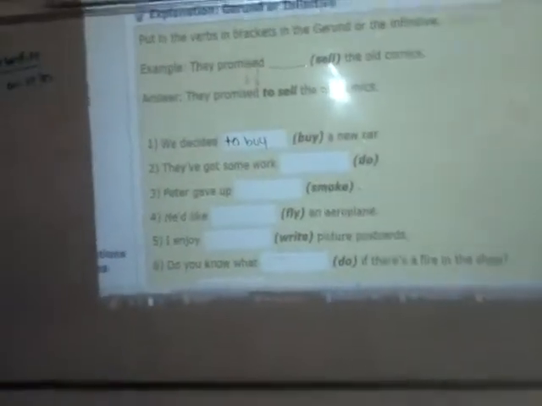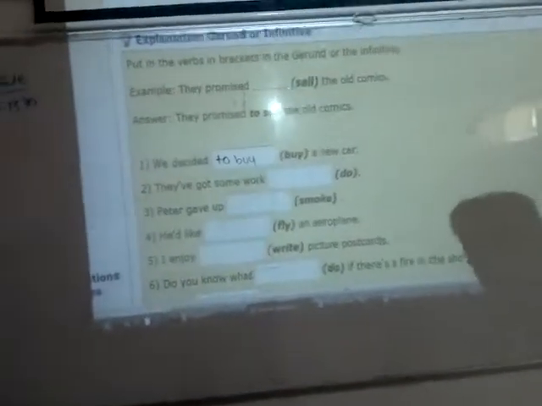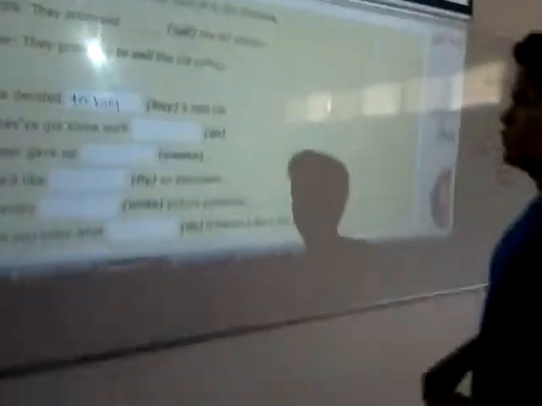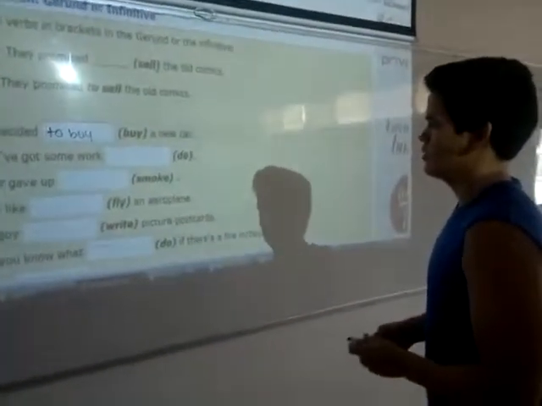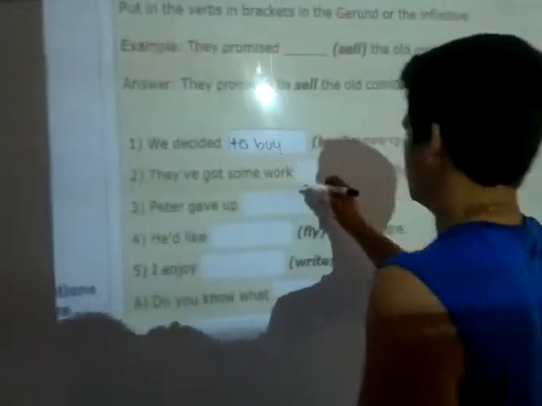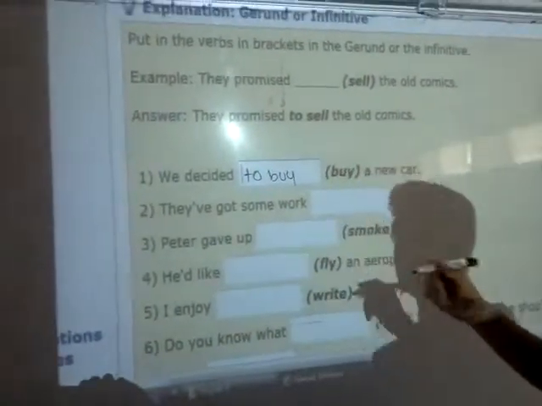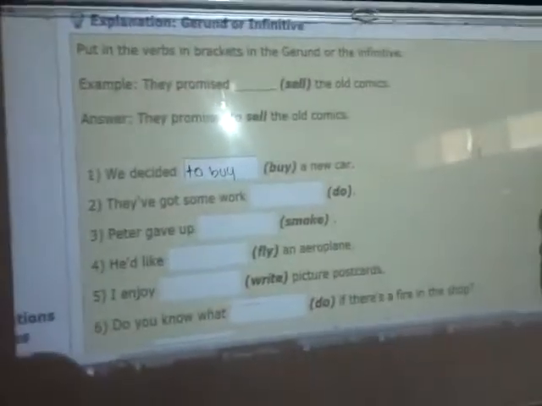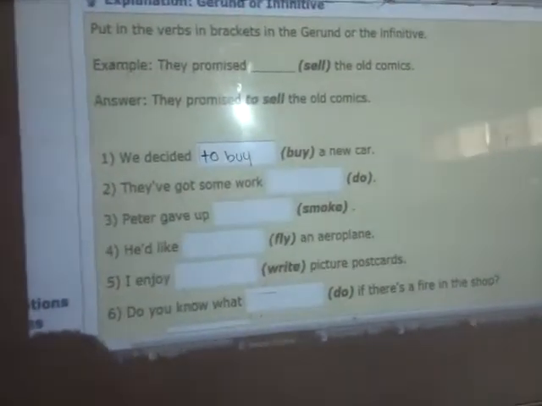Kevin, the next one, please. What is the main verb? Can you please read it? Read the sentence first. They've got some work. Okay, so work, they have got.